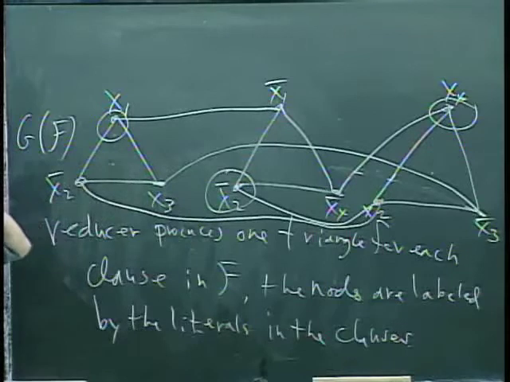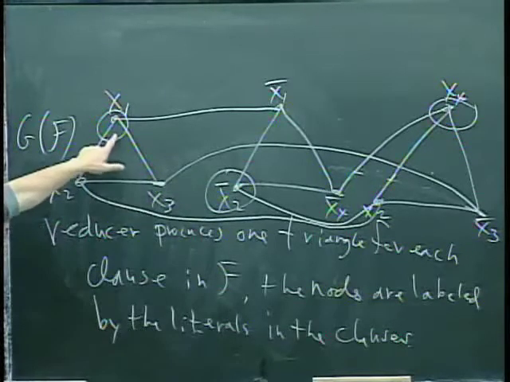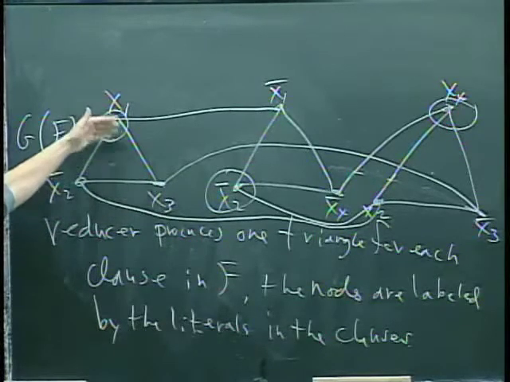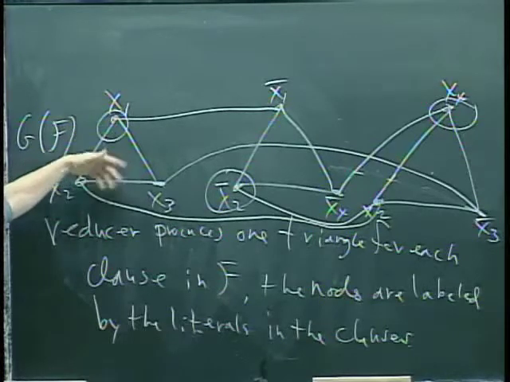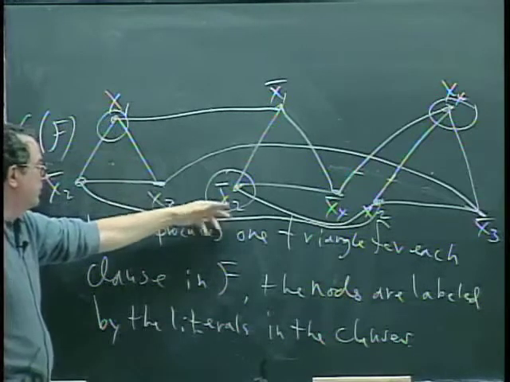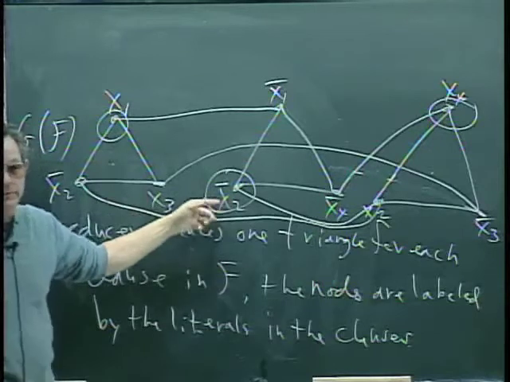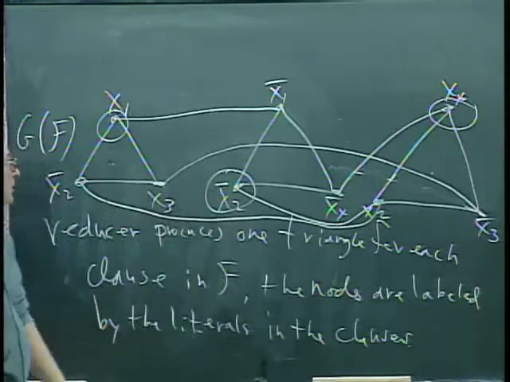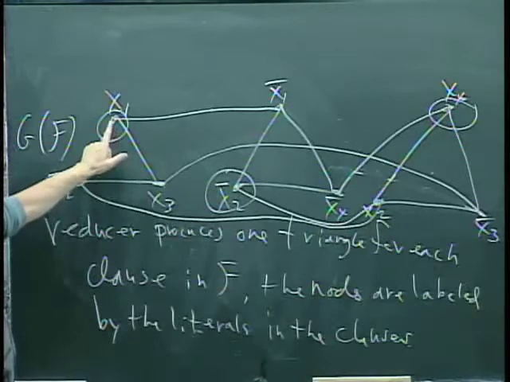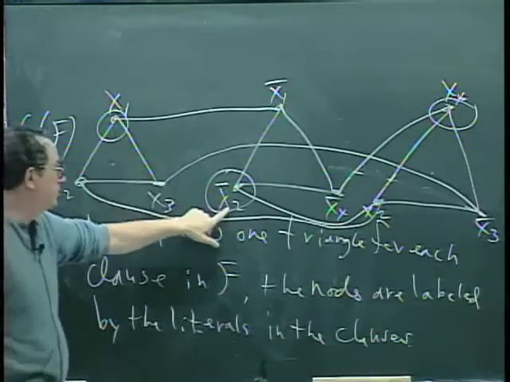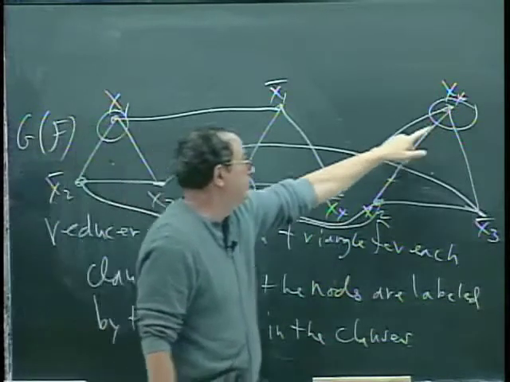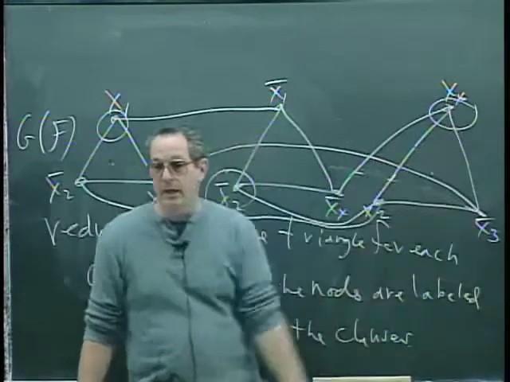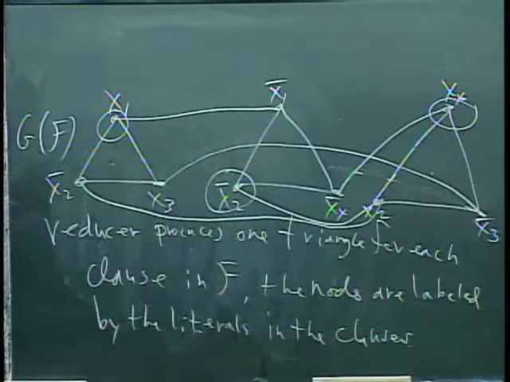Okay? And the interpretation is that these are the literals that should be made true. So the associated variable is set true or false depending on whether the variable is negated or not. So I should set x1 true, x2 false, and x4 true. And that's an independent set.